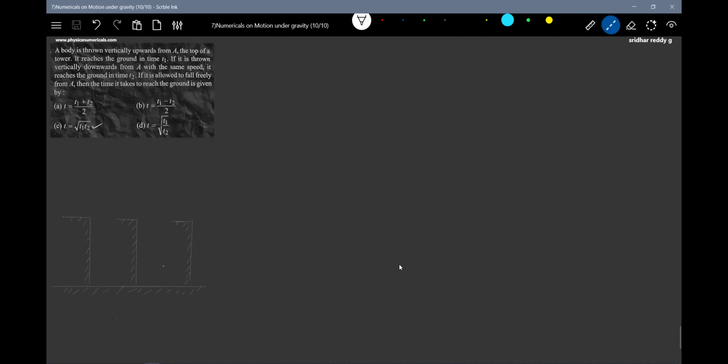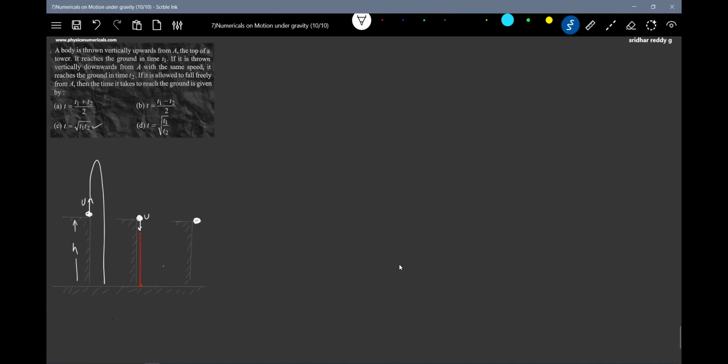It reaches the ground in time t1. If it is thrown vertically down with the same speed, it will reach the ground in time t2. If it is allowed to fall freely, then what time will it take?